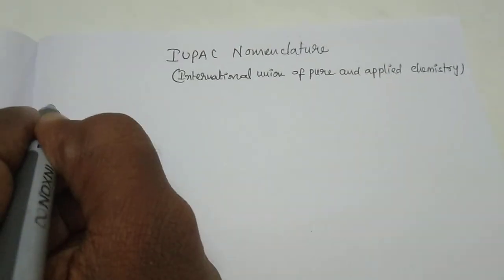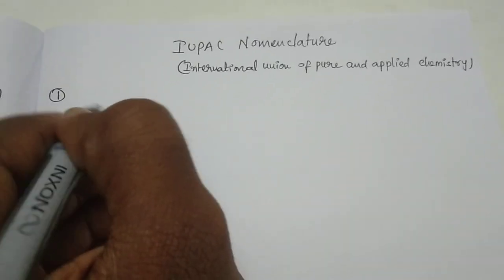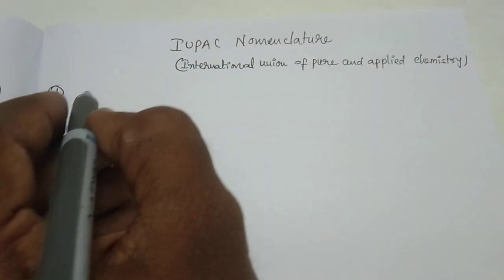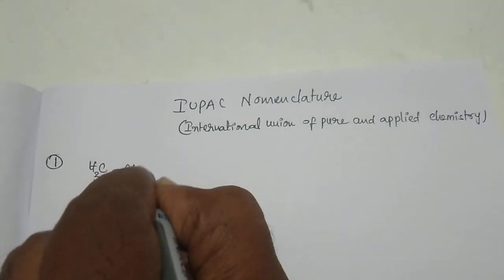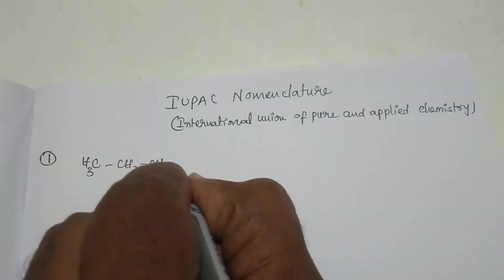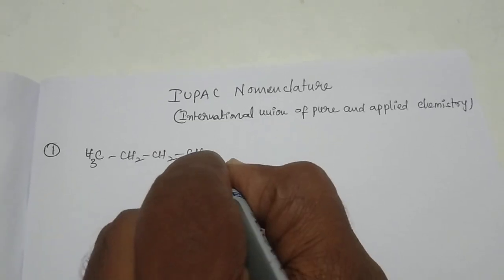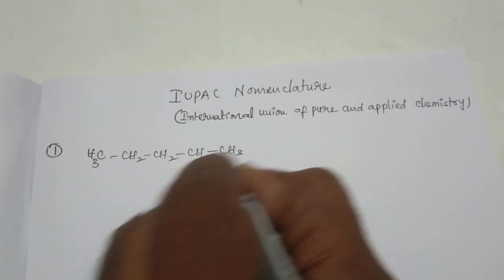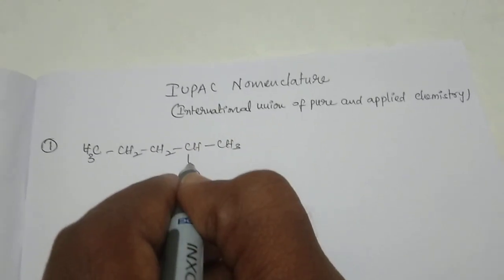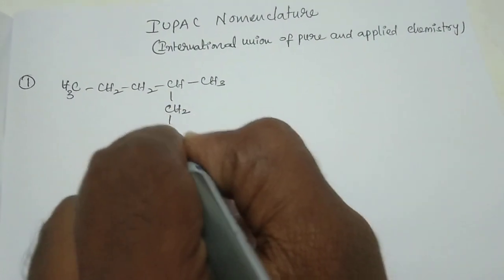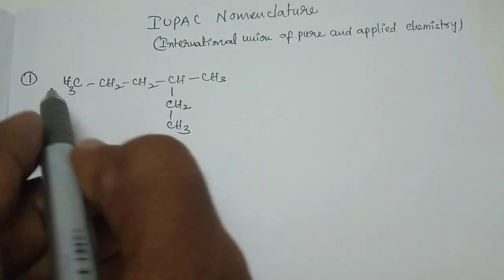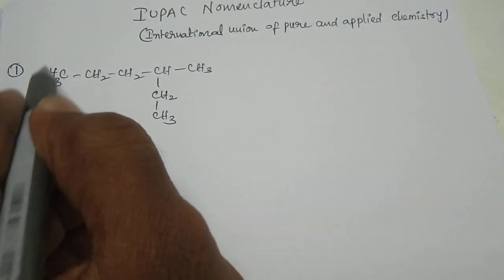The first rule: select the longest carbon chain as the parent molecule. So now one organic compound is there like this. Here you can observe the carbon chain.